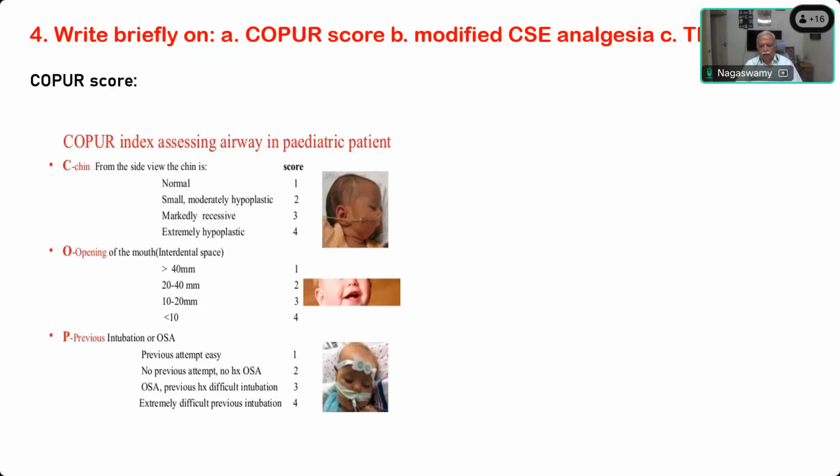So if there has been a difficulty in intubation in the earlier surgery, nowadays they give even a medic bracelet to those patients to say that they had difficulty in intubation, how they managed that, and what were the side effects or complications that happened.